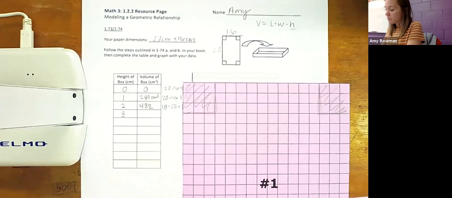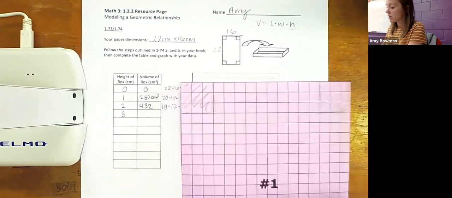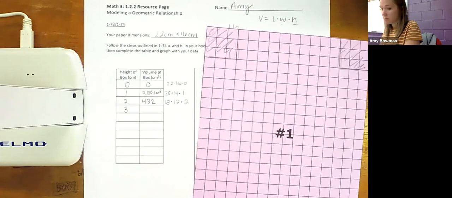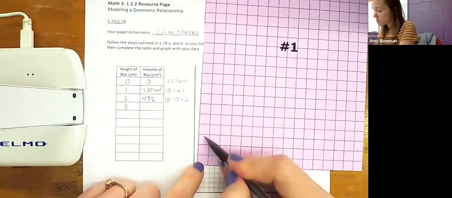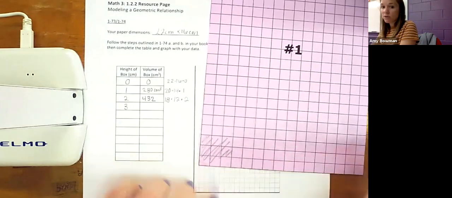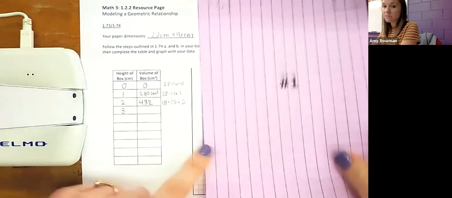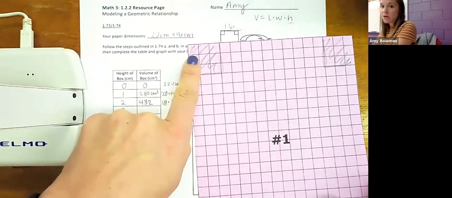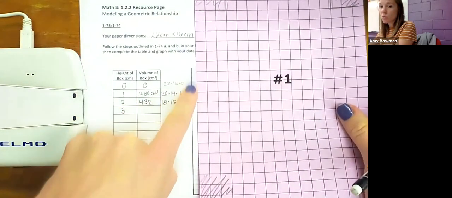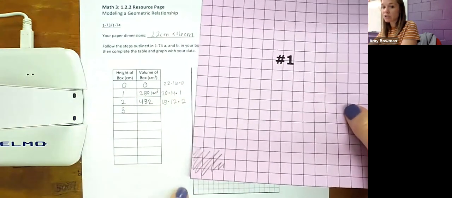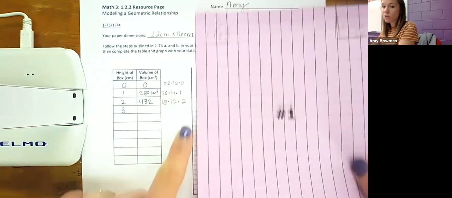So my long edge here, I'm cutting 3 out from each corner. So I would be removing these 3 and these 3, which means from my original 22 centimeter edge, I'd be removing a total of 6.